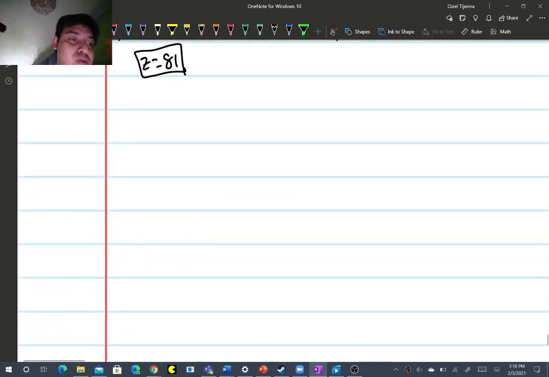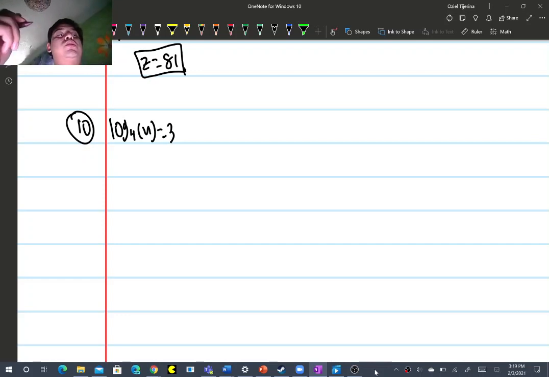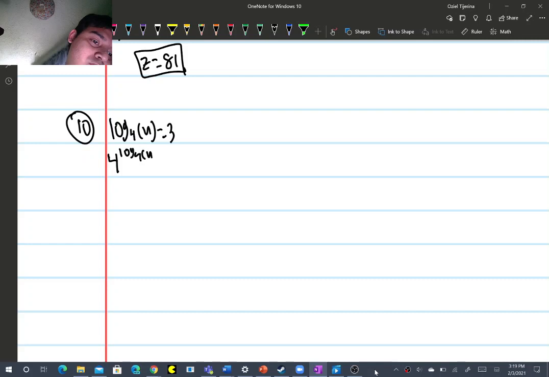We're going to do one more of these, like with this basic logs. Okay, so if we do log base 4 of u is 3, we want to solve for u, and then we have 4 to the log base 4 of u.